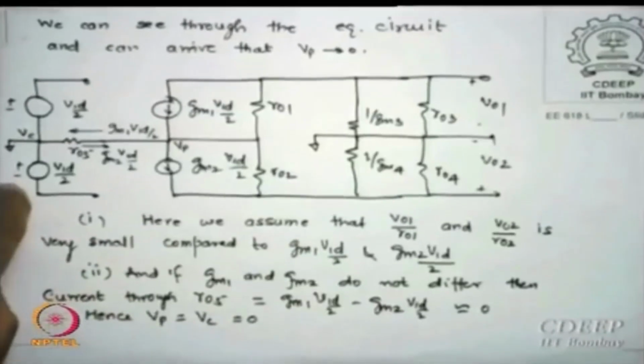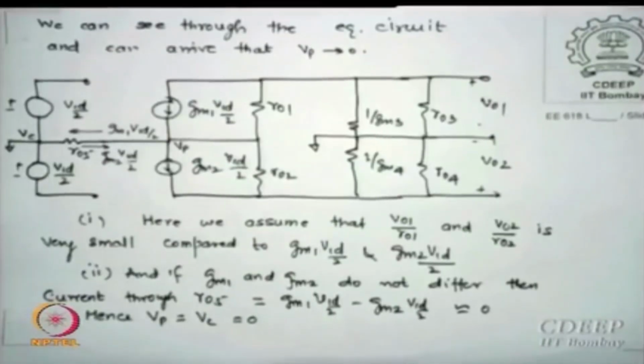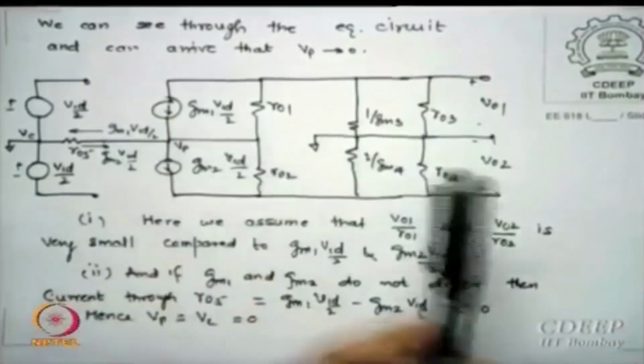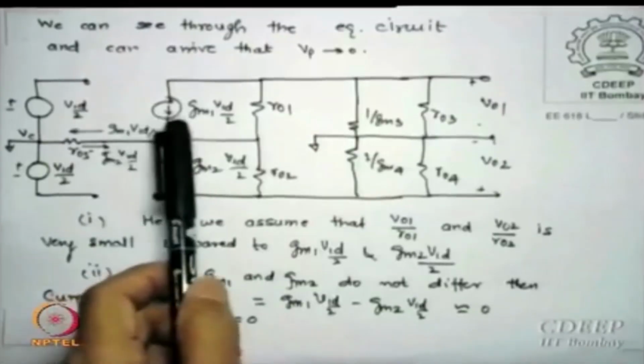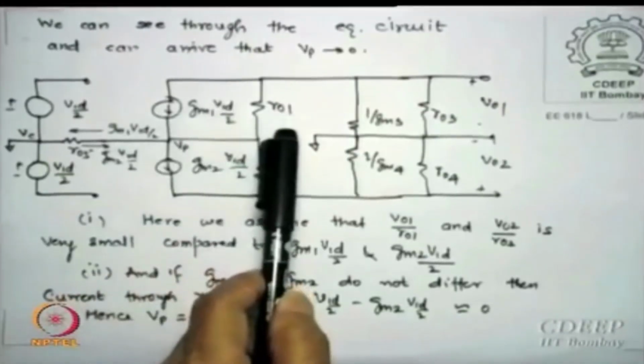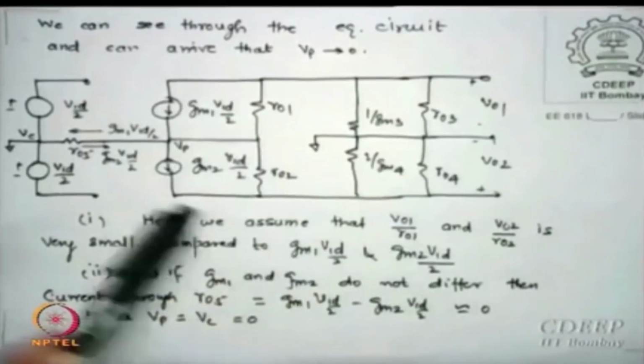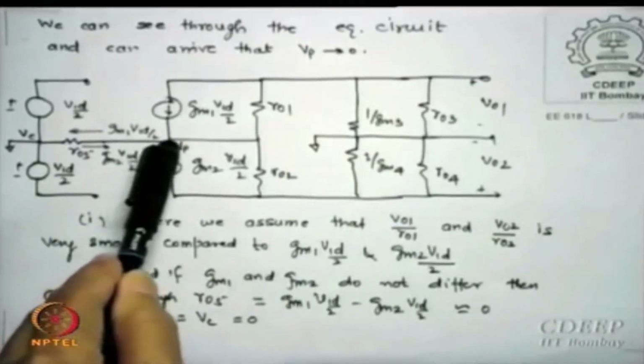Look at the sign, I have changed it a little. Because it is minus VID by 2, I changed the plus and minus at the top to plus VID by 2. If you see the M1 and M2 transistors, the equivalent circuit is gm VID by 2 with RO1 in parallel. Please remember this is your Vp.